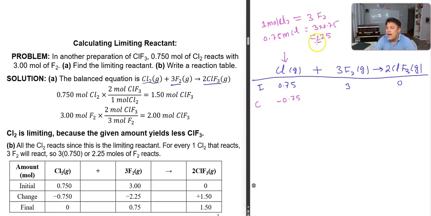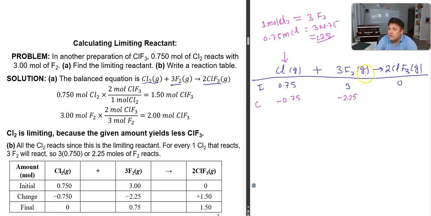So that much mole of fluorine is gone away. Not all of the 3, it remains in excess, right? All chlorine goes because it is limiting, but this only goes 2.25, that much mole.